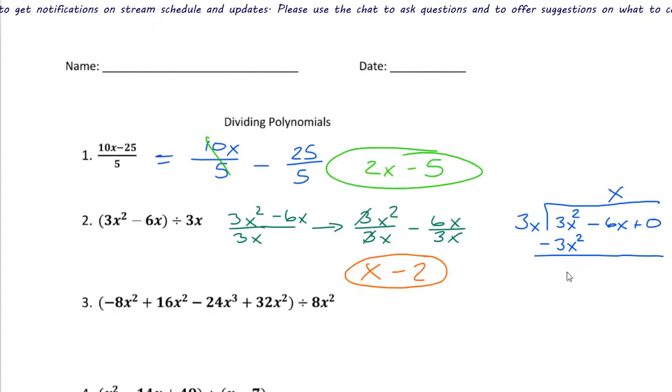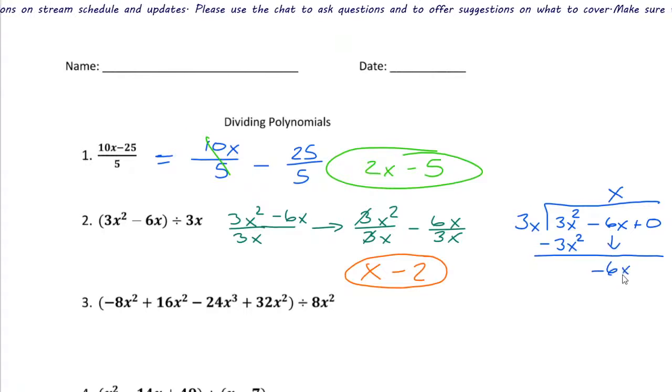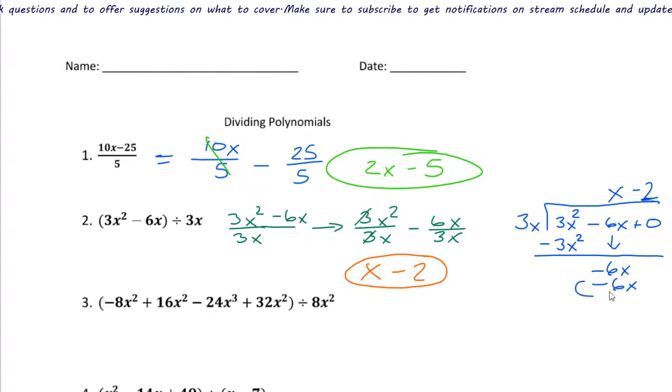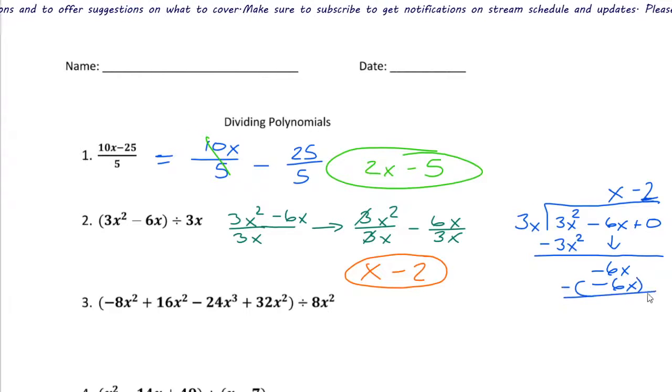This will cancel, we're left with 0, so I bring down what's left. That's -6x, and when we multiply something by 3x to turn it into -6x, we're going to multiply by -2, so that way it's above the same degree. So -2 times 3x is going to be -6x, and when we subtract that, we get 0. So we're good, and our answers match up.